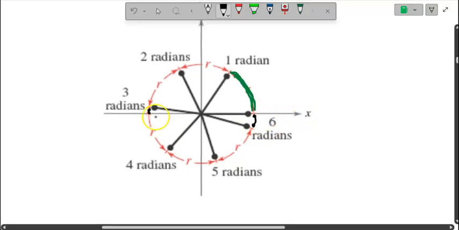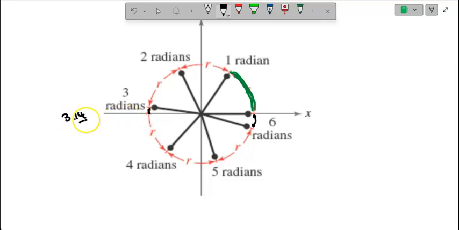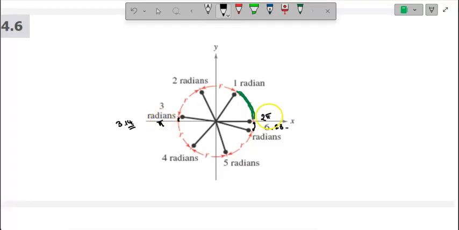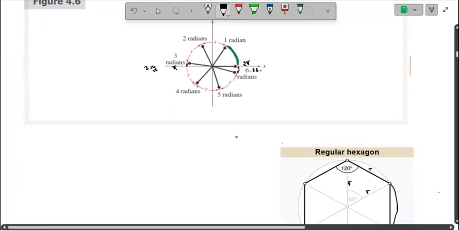Since pi is 3.14, the extra part is 0.14 here, and the total here is 6.28, which is 2 pi, so that is 0.28 extra. Anyways, just keep in mind that pi should be in here, and 2 pi should be over here after you make one whole revolution. All right, okay.